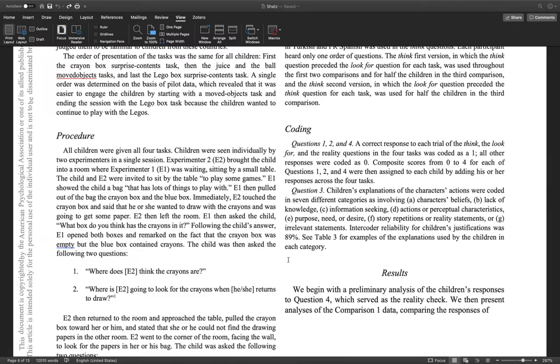So, false belief. To understand that people have a false belief, you have to understand they're going to look in the crayon box, not the blue box. And look, where does E2 think the crayons are? Where is E2 going to look for the crayons? Think versus look, right? And the think conditions have all those different language words in there. And so really, if this extends to the think question, great.